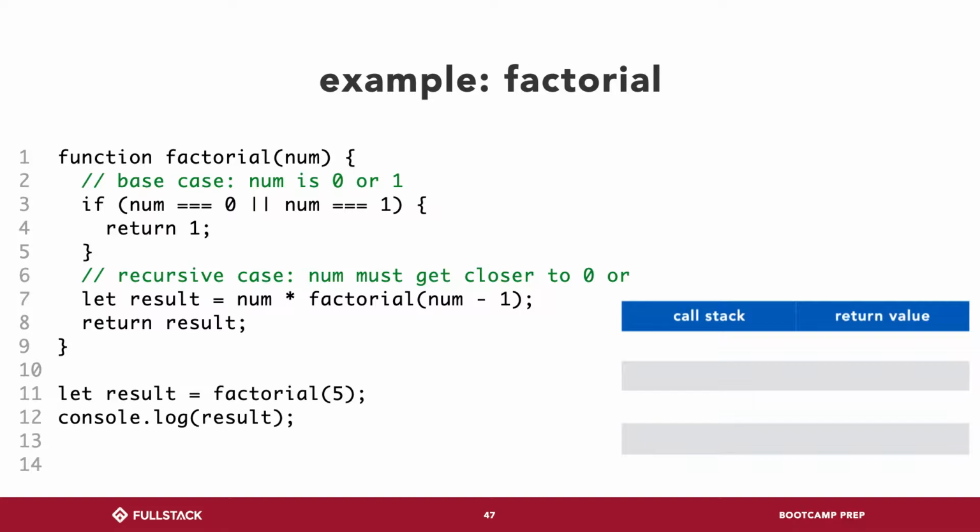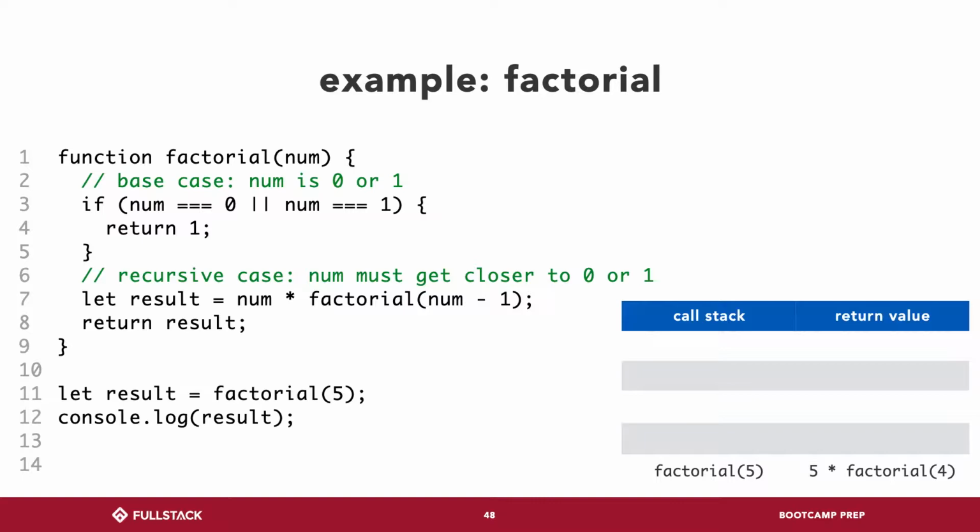So result will be the return value of factorial of 5. But to get that, we have to call factorial of 5. So we call factorial of 5, and the return value of factorial of 5 is 5 times factorial of 4. Who's confused by that?